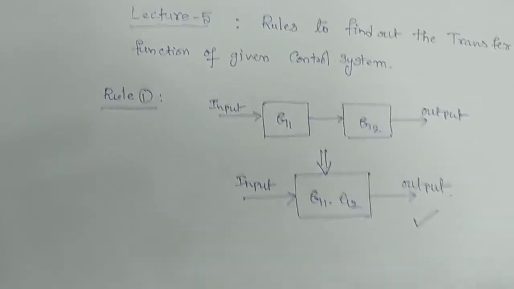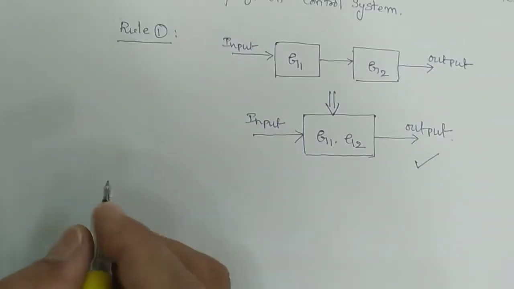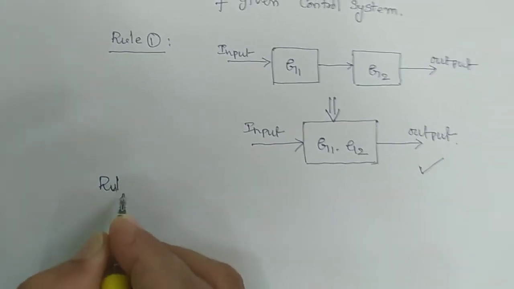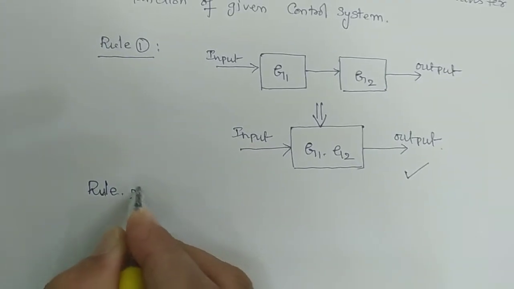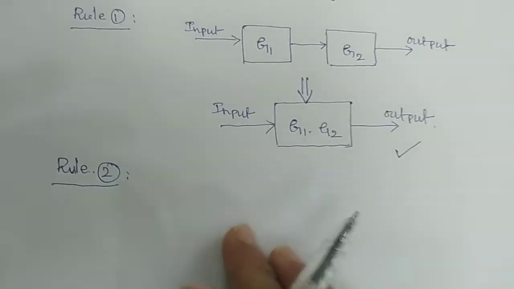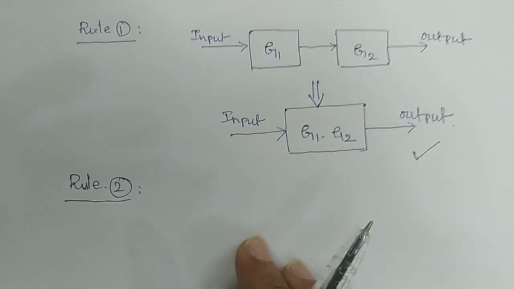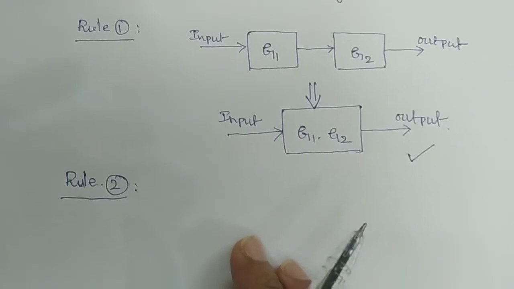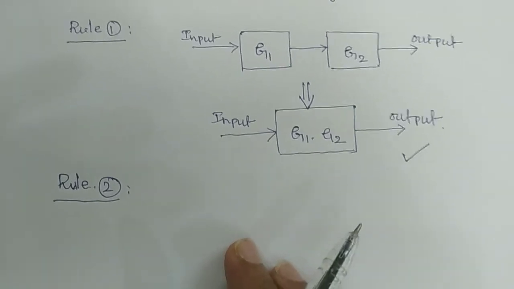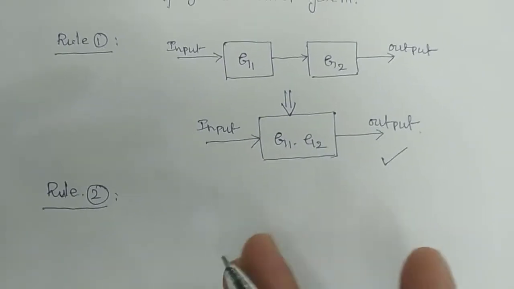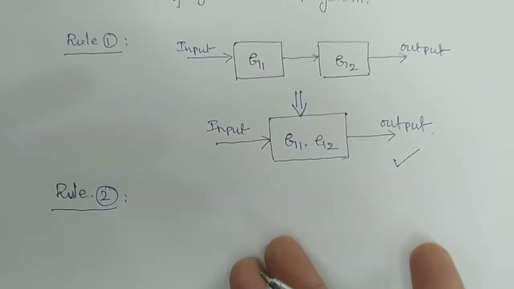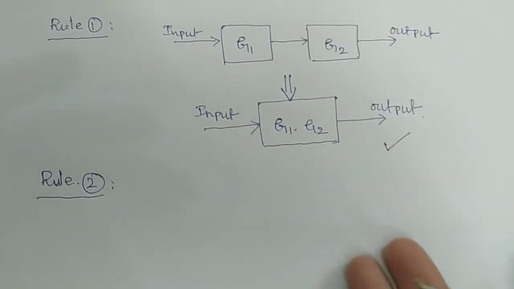Okay. Next, rule number 2. What is rule number 2? We already covered this rule, either knowingly or unknowingly, in our first or second session. We have studied the closed loop control system with positive feedback as well as with negative feedback.